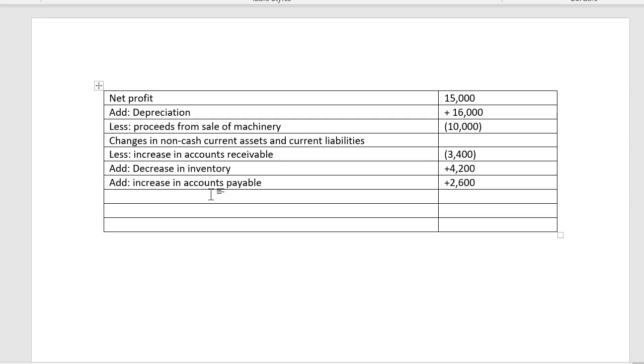Next, rent payable. Has rent payable increased or decreased from the previous year? Rent payable has decreased, and a decrease in current liabilities you minus. Decrease in rent payable is a debit, minus 2,000.